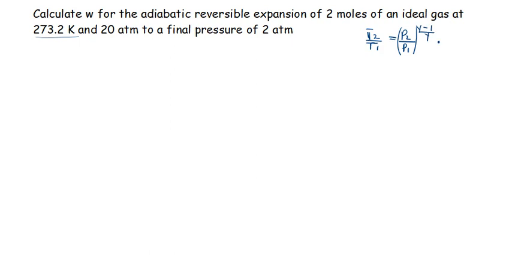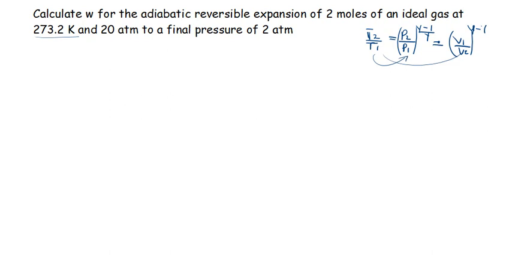Again, the same thing, this can be equal to V1 over V2 to the power gamma minus 1. Okay, so you master this. It will be used under adiabatic if you have been given the change in volume. So you find the final temperature as this, and if pressure is given, you equate to this one.